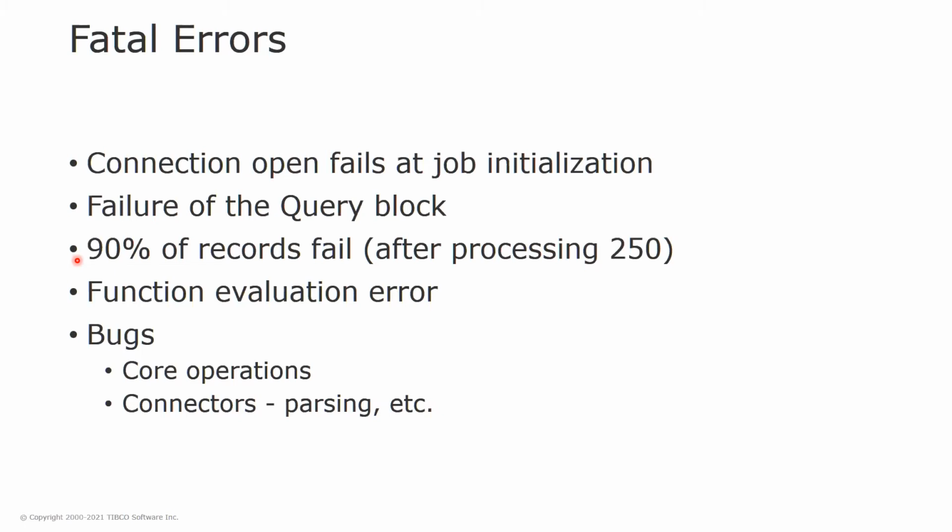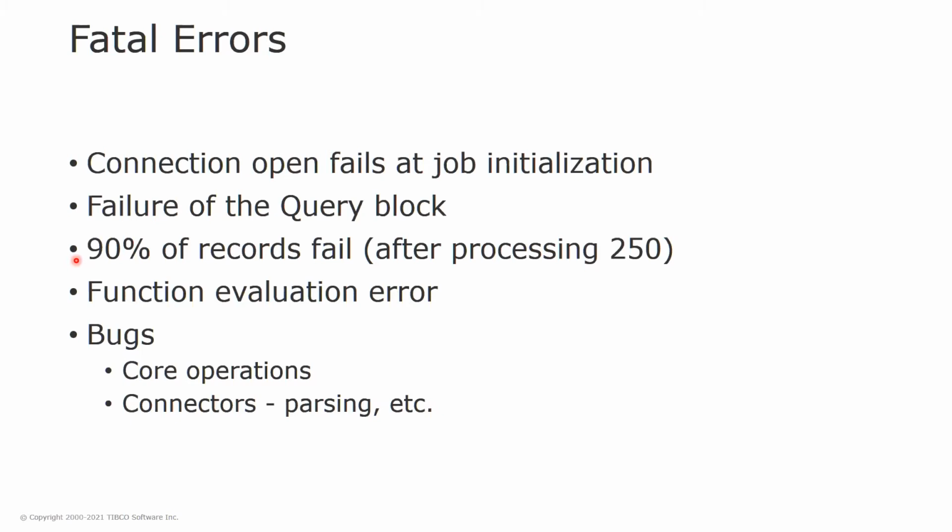And from that point going forward, if at any point you get a 90% failure rate, so if you process 1,000 records and 900 of them fail, that's going to fail the job itself. This is built into the core as a fail-safe mechanism, because you don't want these things to run away and get out of control, continuing to write errors. The assumption is that there's some critical error in the code that you didn't account for, so we're going to stop that.